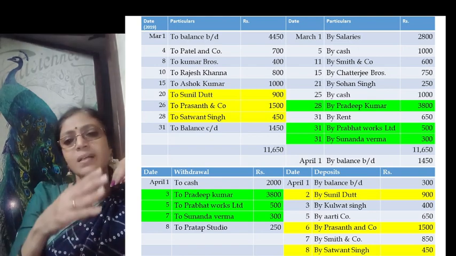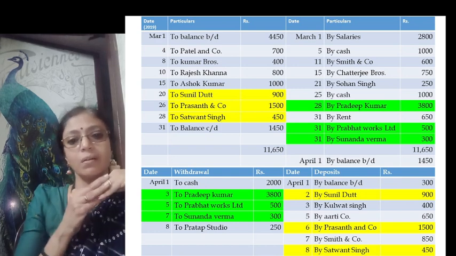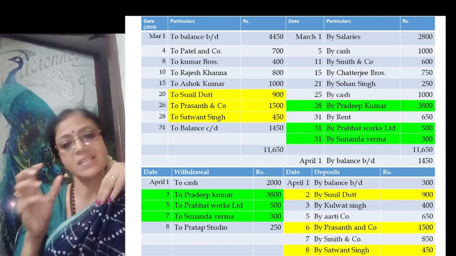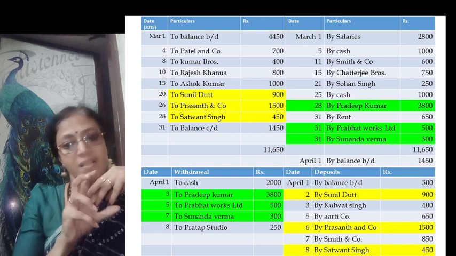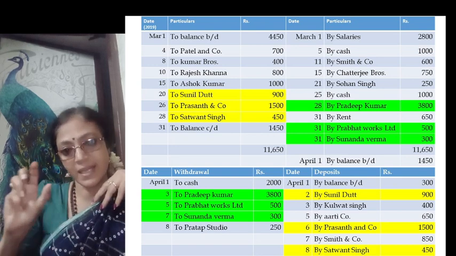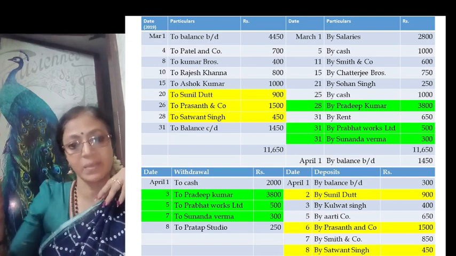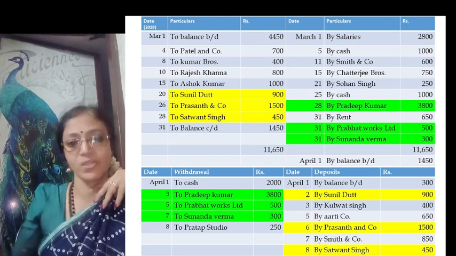These four transactions are receipts from customers, and since they are receipts, they are already recorded in the cash book on the receipt side. Any transaction recorded in the cash book on the receipt side will have its impact displayed in the bank passbook under deposits, right?